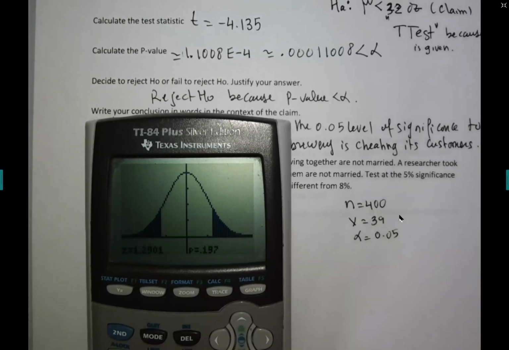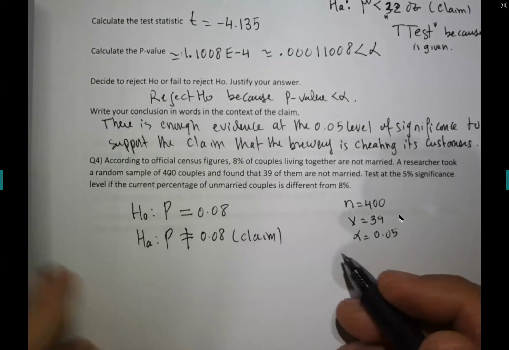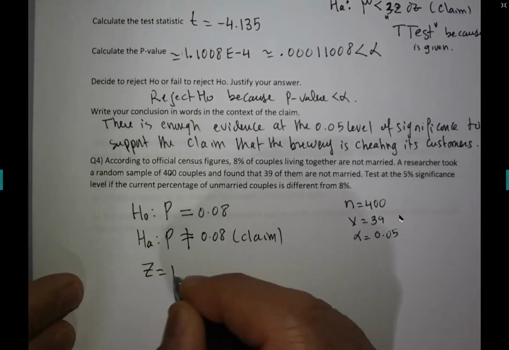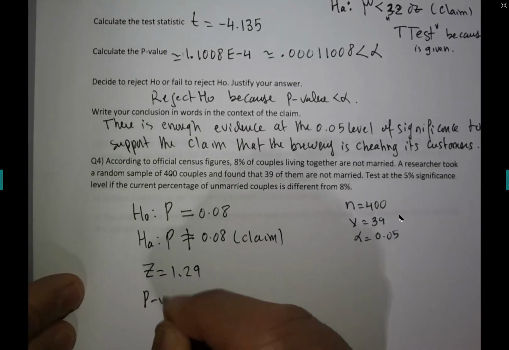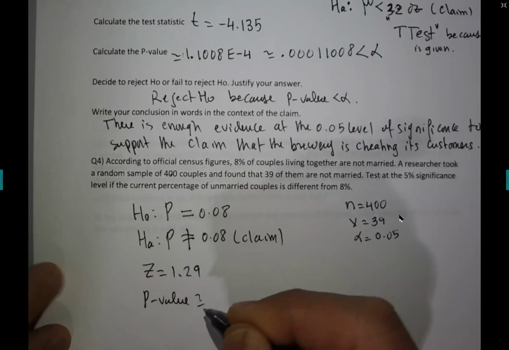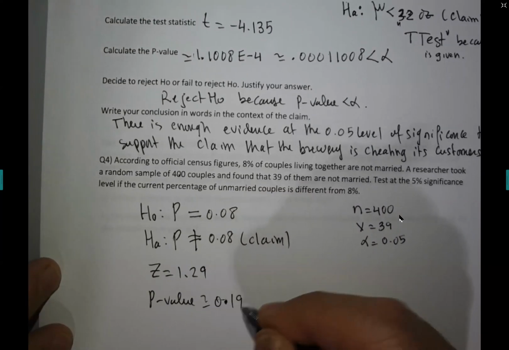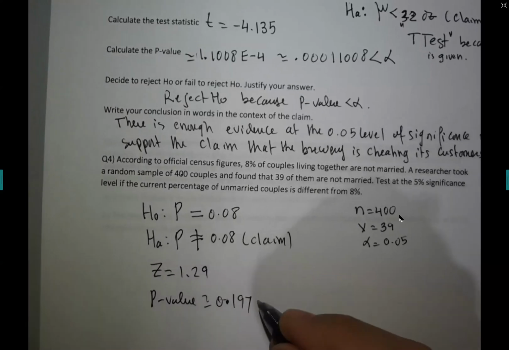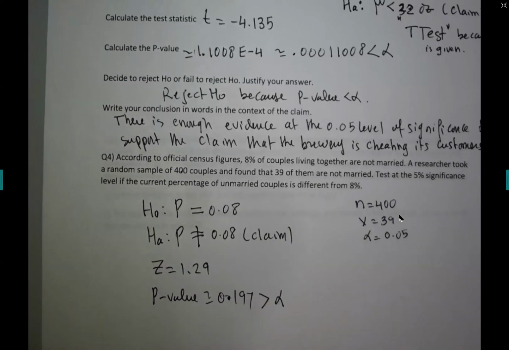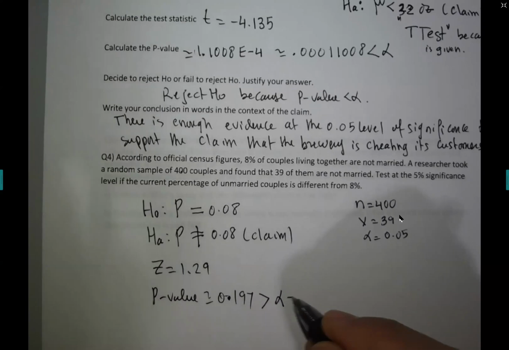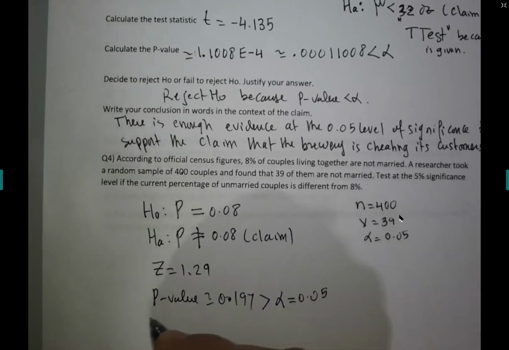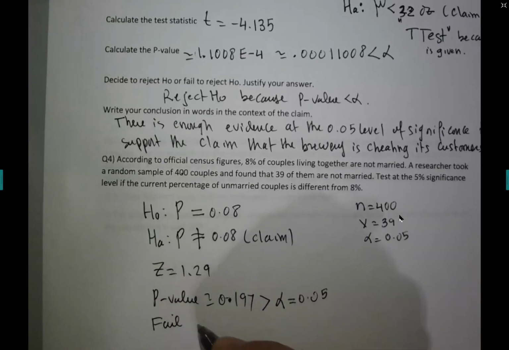Z is 1.29. Step number 2. P-value is step number 3. 0.197. Which is, guys, bigger than alpha. So your decision is going to be fail to reject H0.